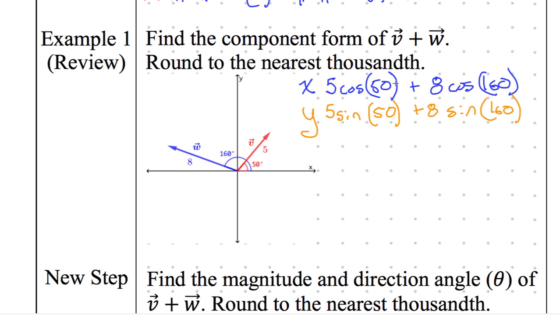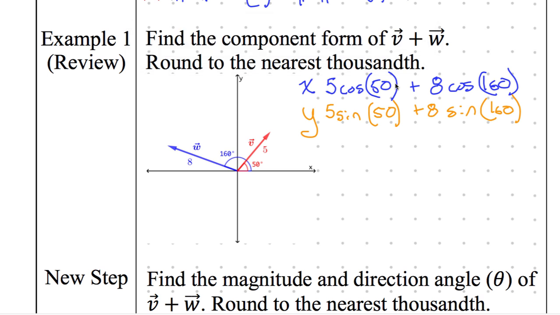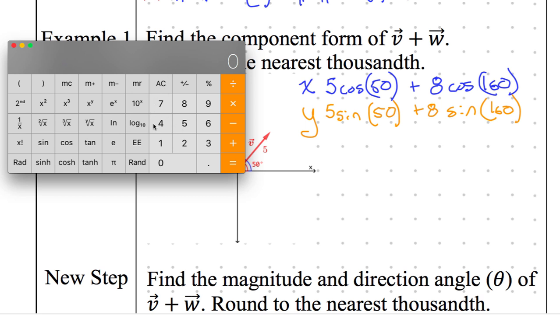So let's go ahead and do that on our calculators. Let's open up calculator. Someone check my work. So I have 50, and then cosine of 50 is that, times 5, and I get that. I'm going to store that to memory by doing M plus, and I'm going to do 160, the cosine of that, multiply by 8, and I get that.